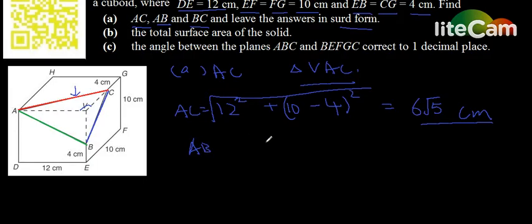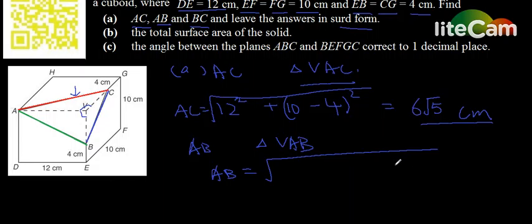For AB, we focus on the triangle VAB. As you can see here, in the triangle VAB, it is also 90 degrees. It is also perpendicular from AV to VB. And for the line AB here, we use the Pythagoras theorem.